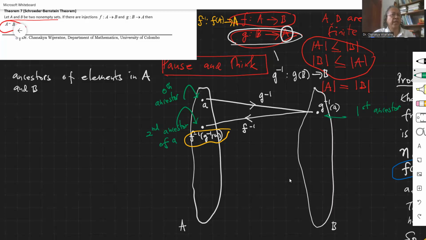Now again, you need to pause and think of this concept of ancestors.